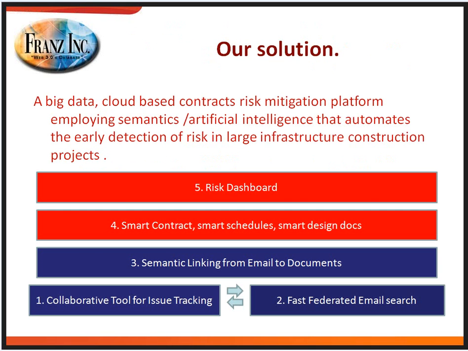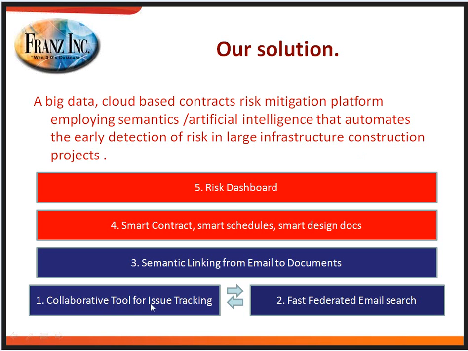So that's why we build our solution, where the blue parts are in production and the red things are things we're working on right now. Our solution is a cloud-based contract risk mitigation platform that automates the early detection of risk in large construction projects.